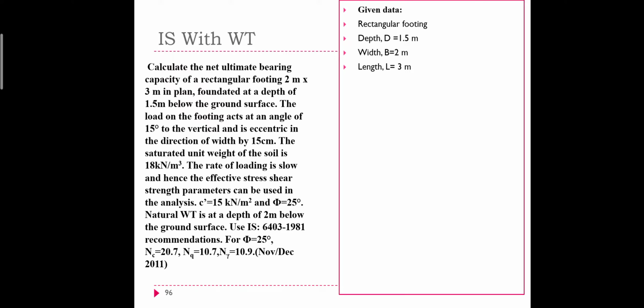But since here the load is not vertical but inclined, there will be some inclination. So that angle of inclination is 25 degree. Sorry, the question, you have to change it as 25 degree. It's not 15 degree, it's 25 degree.